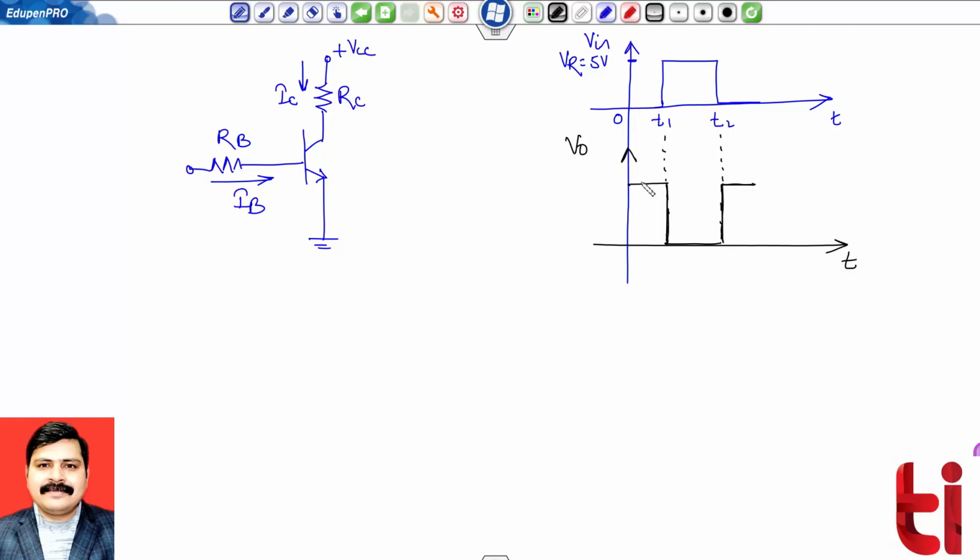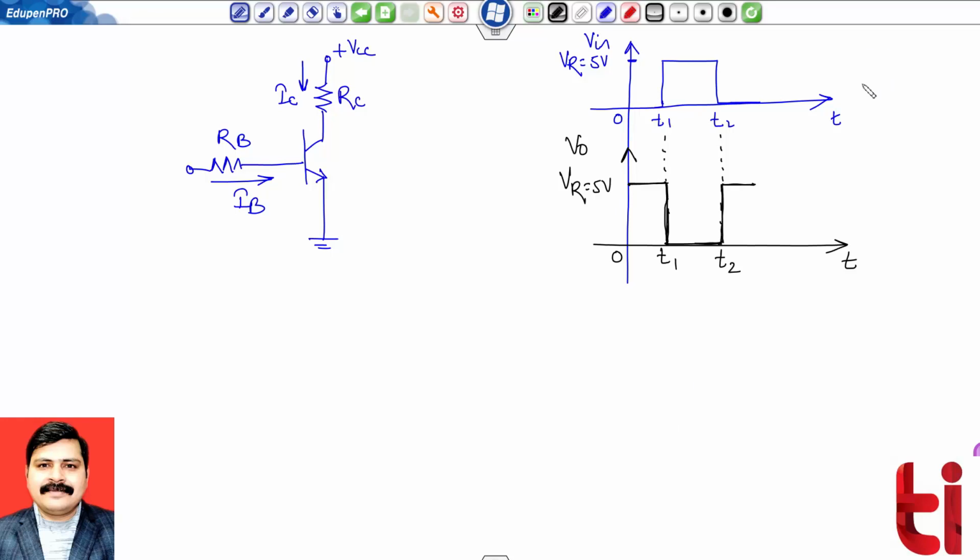If you observe, it behaves like a NOT gate, like an inverter. That means I will have output VR equal to 5 volts from 0 to T1, when there is no input, and for the period in which the input is applied, my output is 0.